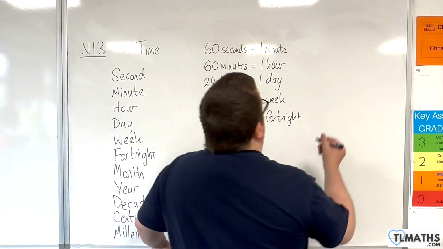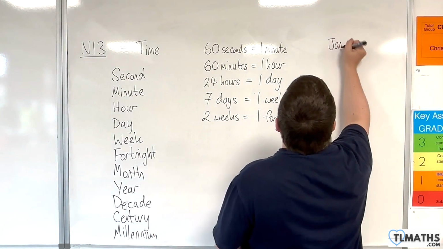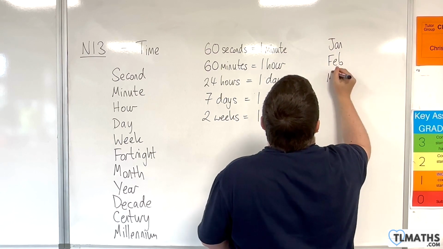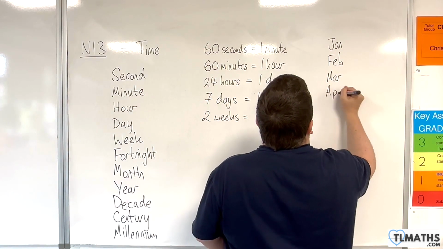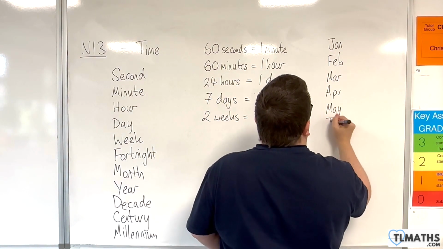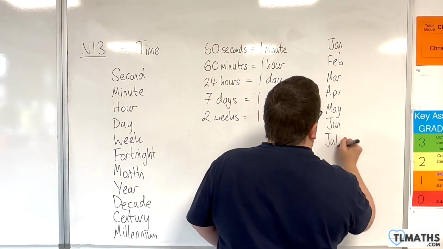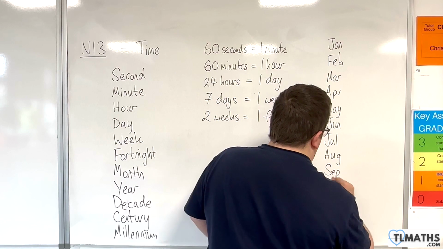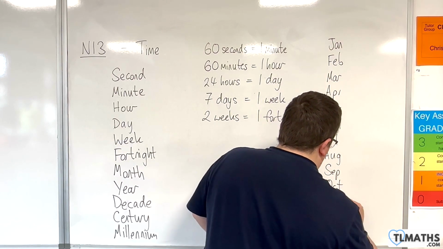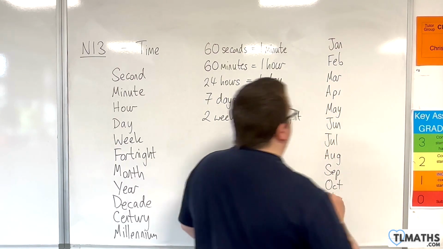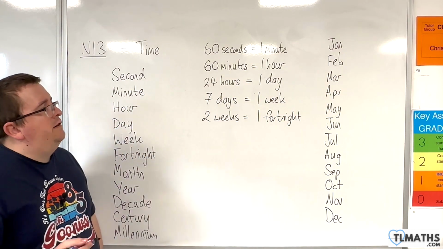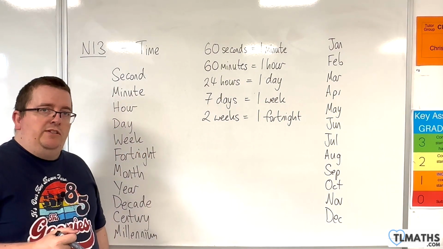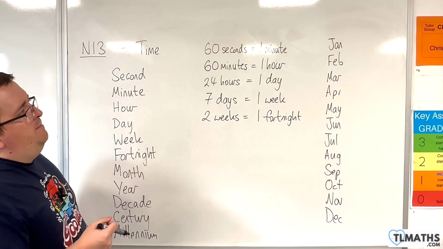So we have January, February, March, April, May, June, July, August, September, October, November and December. Okay, now how do you remember how many days there are?